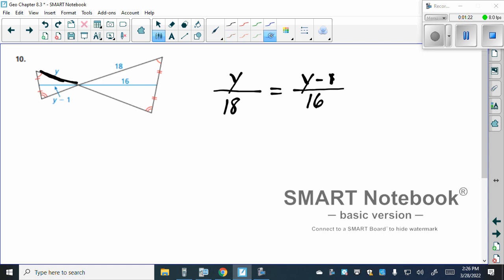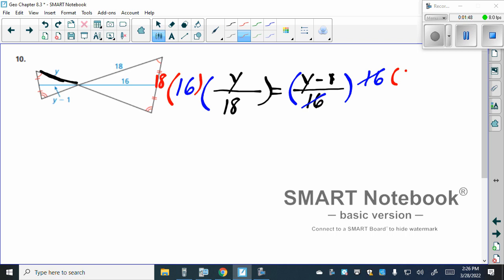Now, because we do have variables in different places, first off, we're going to have to multiply both sides by 16. If I multiply both sides by 16, the 16 and 16 will cancel out. Will the 16 and 18 simplify out completely? Well, no. So we're also going to have to multiply both sides by 18.